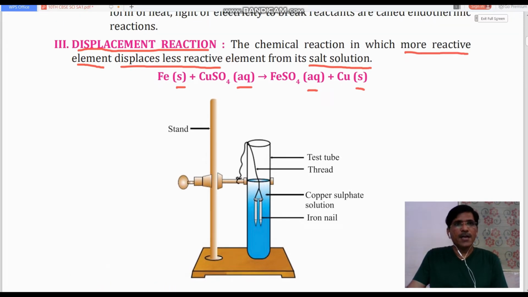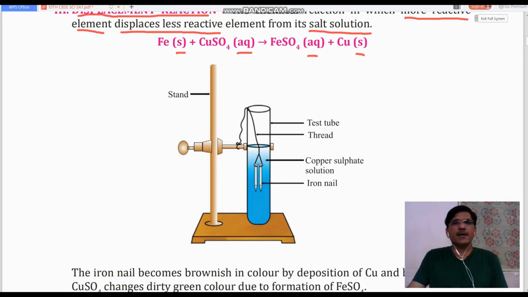Again I repeat, displacement reaction means a chemical reaction in which a more reactive element displaces a less reactive element from its salt solution. We will see an example.